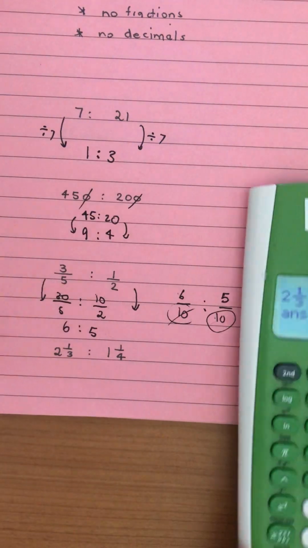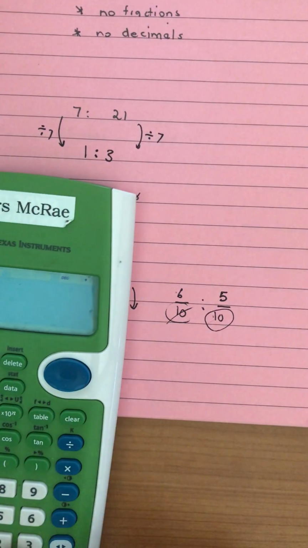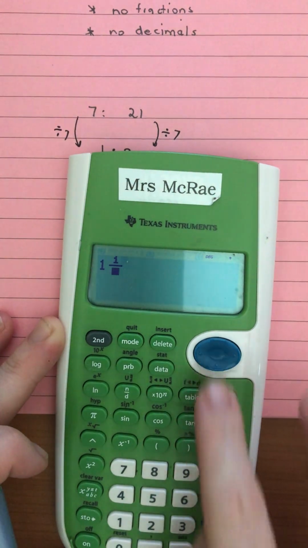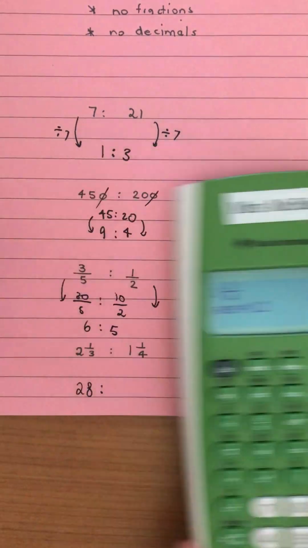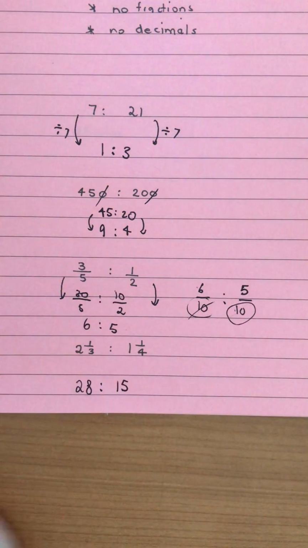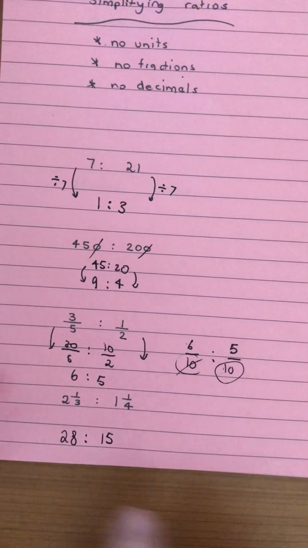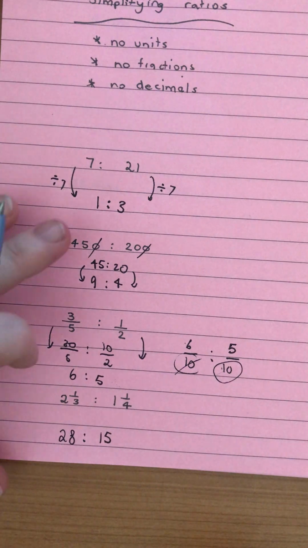That gives me 28. And I've got 1 1/4, and I want to multiply that by 12, and I get 15. Then I look at my 28 and my 15 to check if I have any factors that go into both 28 and 15. And I don't, so I'll leave that as it is.